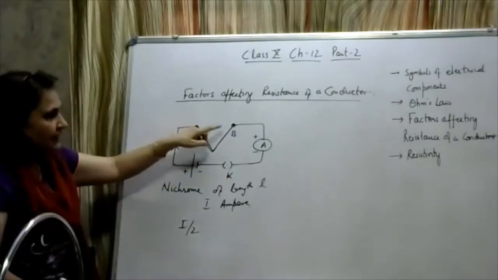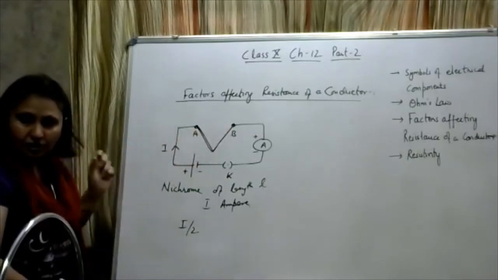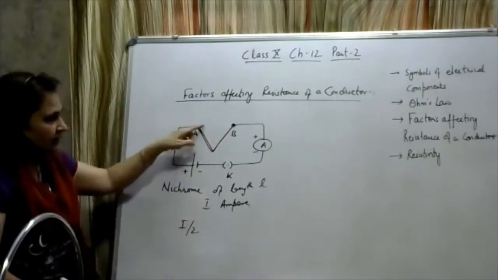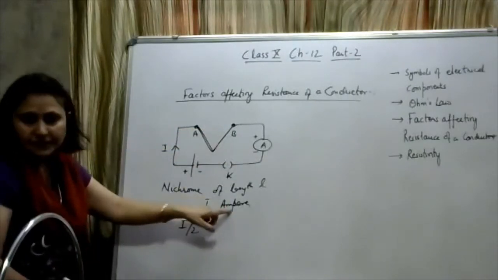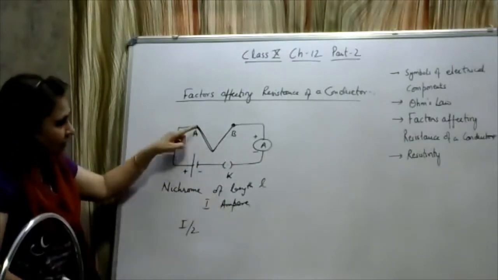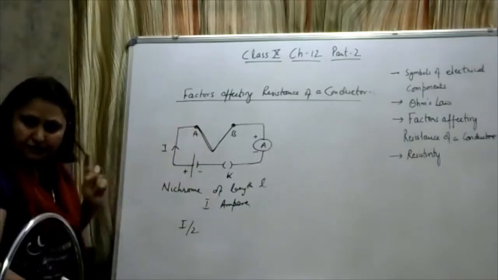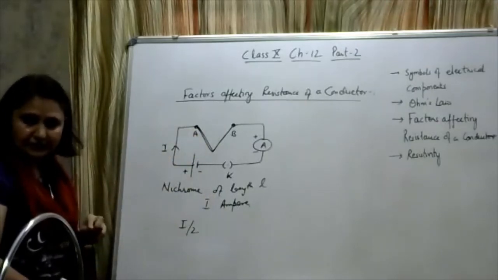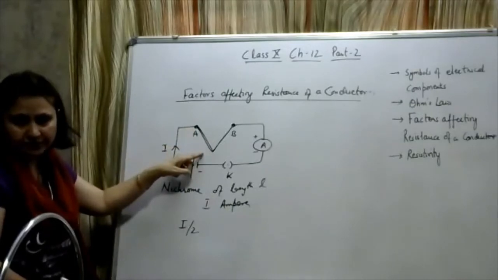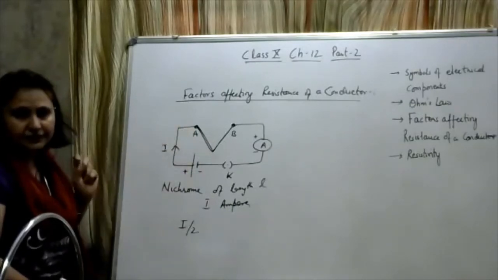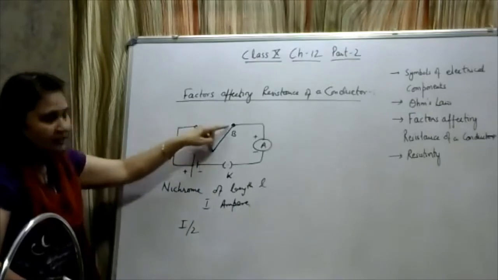So first we connect a nichrome wire of length L in this gap AB and note down the ammeter reading, suppose I ampere. Now we connect another wire made of the same material, nichrome, with the same cross-sectional area, that is the same thickness, but the length is doubled.